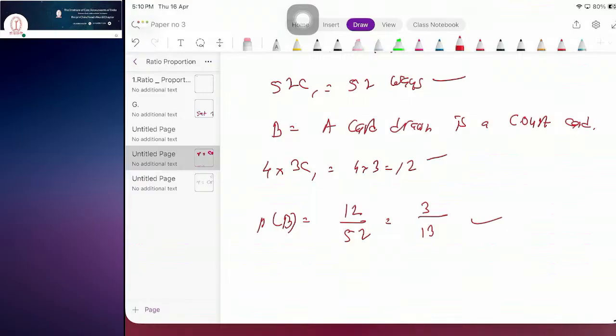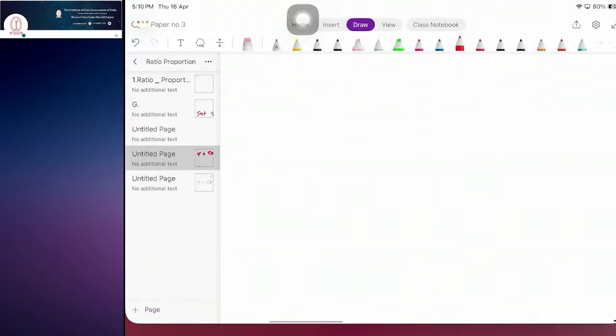Next question is, a number is selected at random from a set of 25 natural numbers.